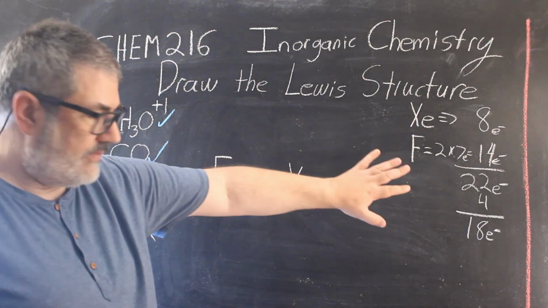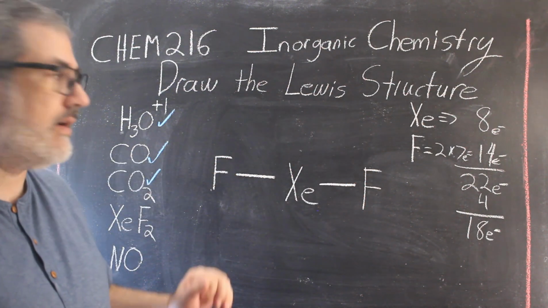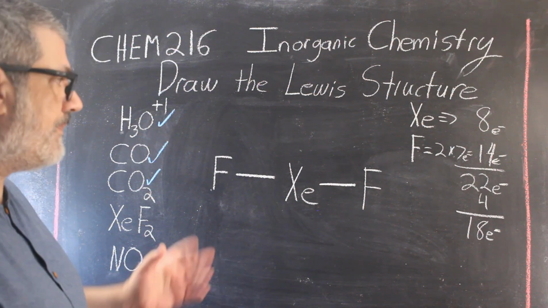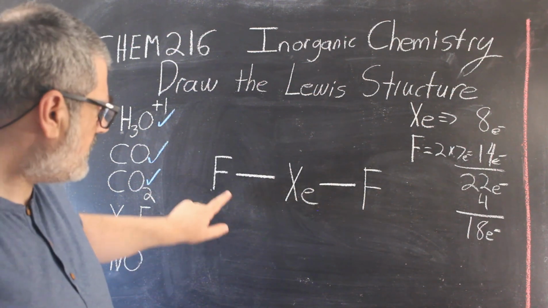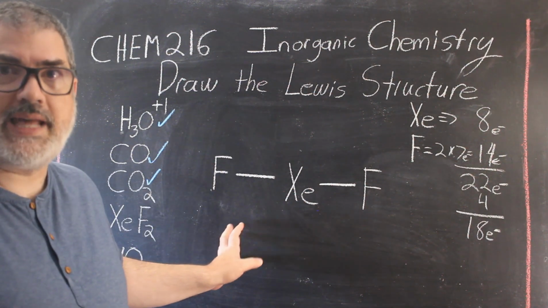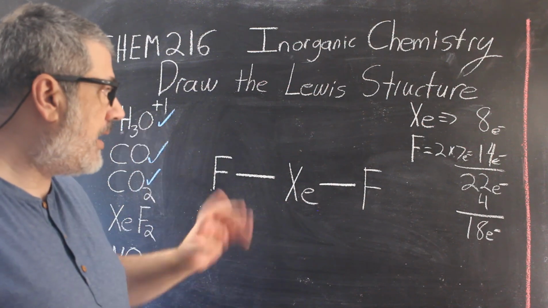And again, do the bookkeeping. Keep track of your electrons, because if you don't, it's very easy to, again, make a mistake. What I like to do in this kind of a situation is, well, let's give everybody an octet starting with the terminal atoms. I don't think I mentioned that, but again, it's just my preference.